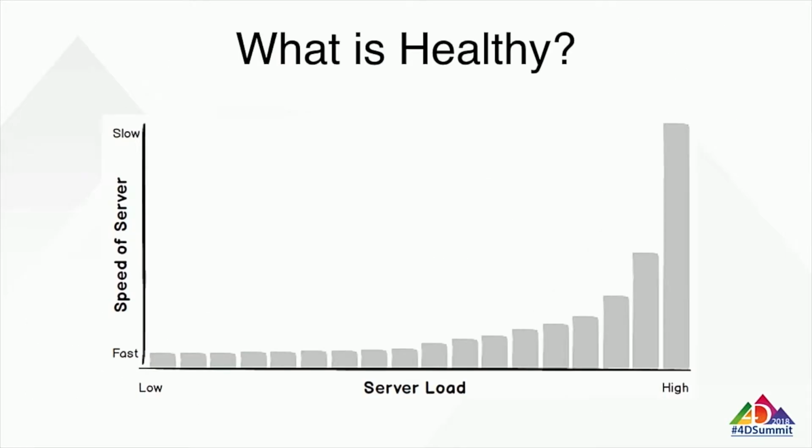Yeah, what is healthy? I don't know if you've done any sort of performance measurements or looked at peak loading, but often what we'll see is that the application will be performing nicely, and at some point it starts to get stressed and it hockey sticks. The question is that when we're running our applications in production, we don't know where we are between that and where it starts to hockey stick.